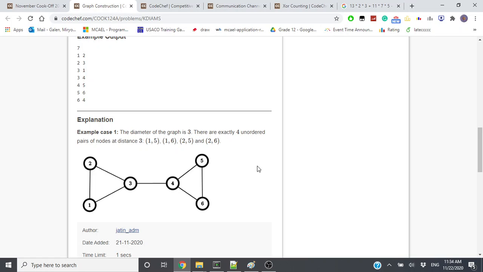Somehow we get k. Maybe we have to prime factorize k and see what kind of things we can do with that? Or is it easier than that? We have to print the graph itself too. It's like, when is it not possible? When k is too big, it's not possible. Precisely which values of k can we get?